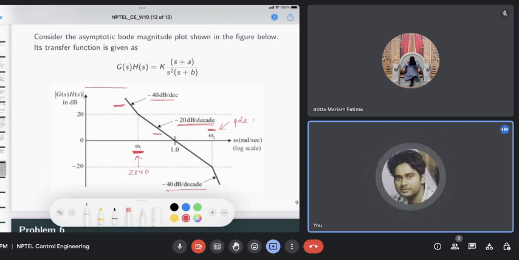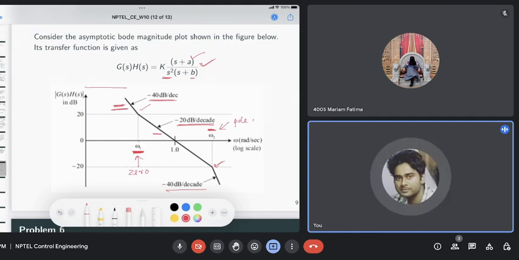So for this we have minus 40 dB per decade initial slope, so that will correspond to 2 poles at the origin, right? So the form can be guessed to be like this for this transfer function. Because of the initial minus 40 dB per decade, we must have 2 poles at the origin, and one corner frequency with positive 20 dB per decade change, so that corresponds to the 1 0, and another corner frequency where we have minus 20 dB per decade change, so that will correspond to another pole.